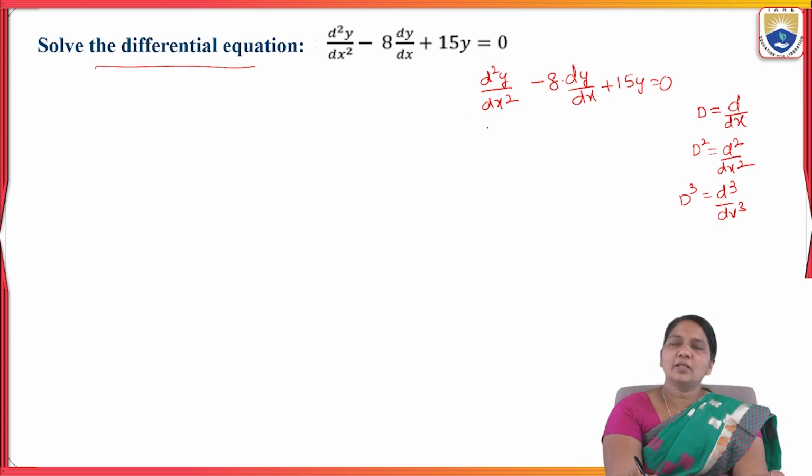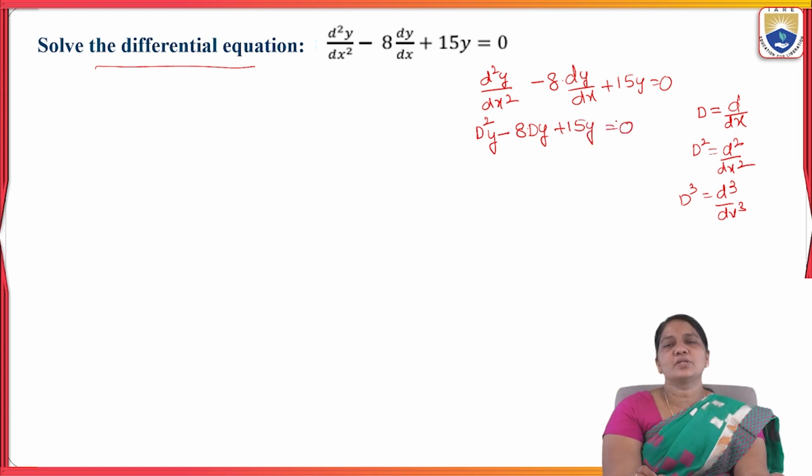So d square y minus 8 into dy plus 15 into y is equal to 0. From this I can write the f of D form, that is D square minus 8D plus 15 into y is equal to 0.